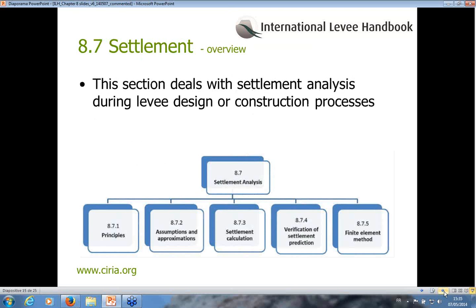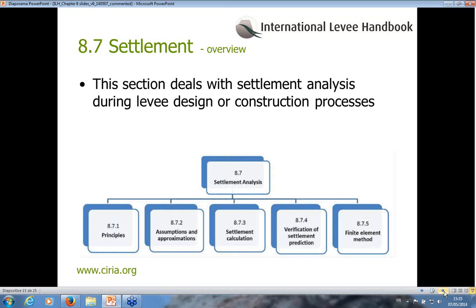The settlement section deals with settlement analysis issues during levee design or construction processes. It presents the most commonly used methods to evaluate settlement of a compressible soil layer. The settlement analysis is developed within the framework of unidimensional consolidation.